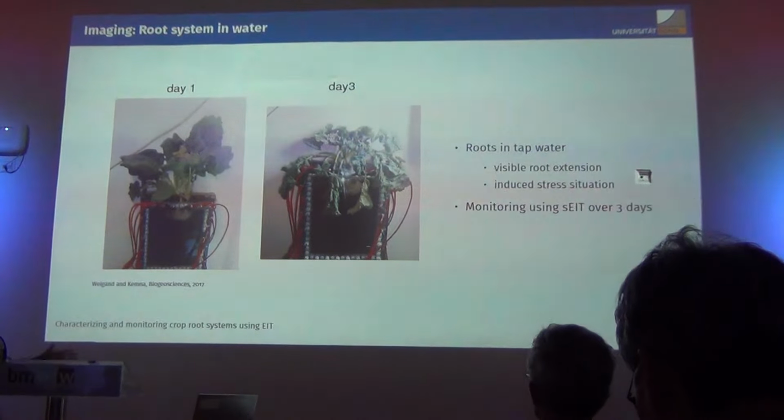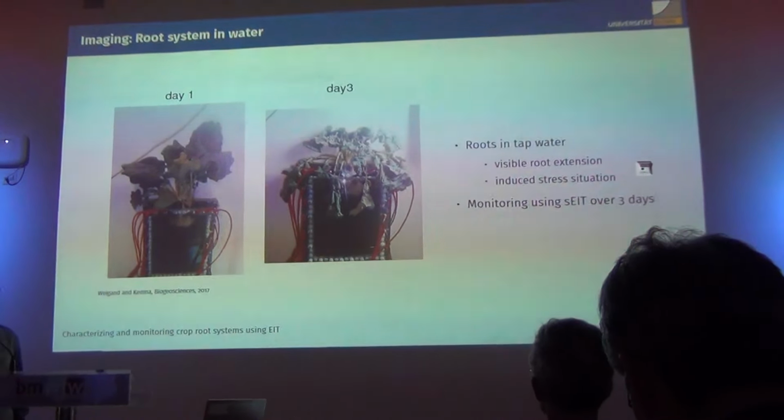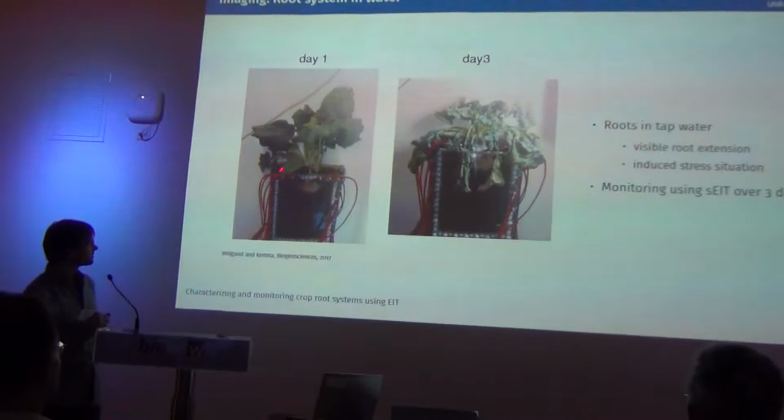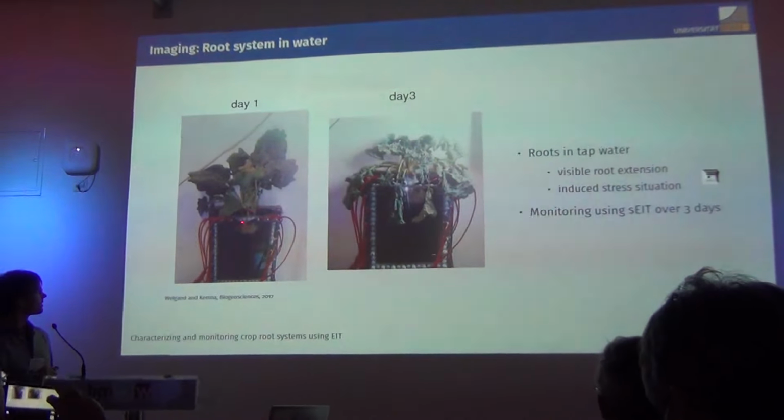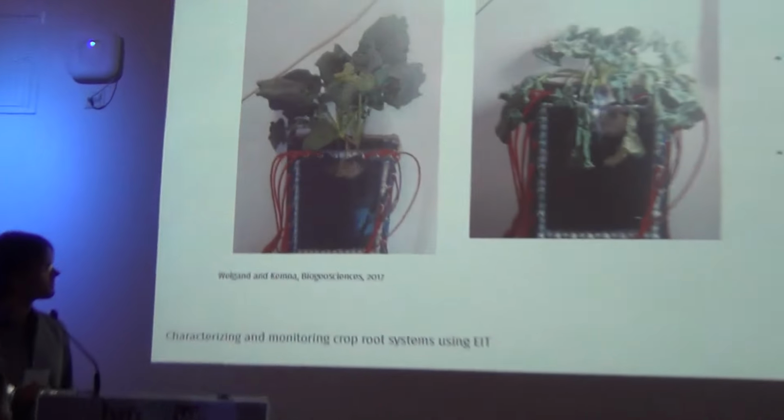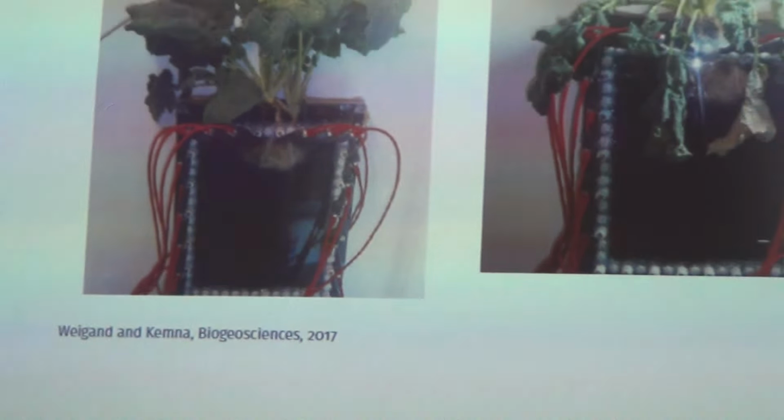If we go now to the next scale, the imaging of the whole root system, we started with these rhizotome containers filled with water again, and we put quite some root systems in there and imaged them over multiple days. In addition, we used only tap water to create a nutrient stress situation to see if we could also see systematic changes in relation to these quite obvious physiological reactions.